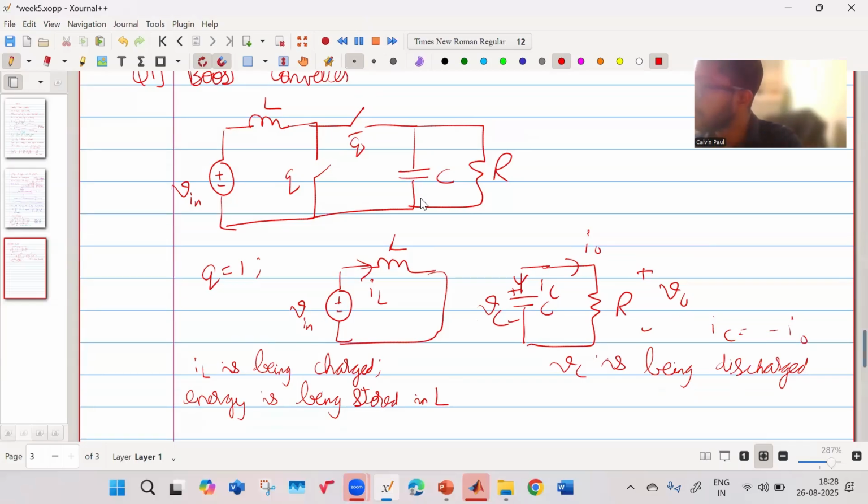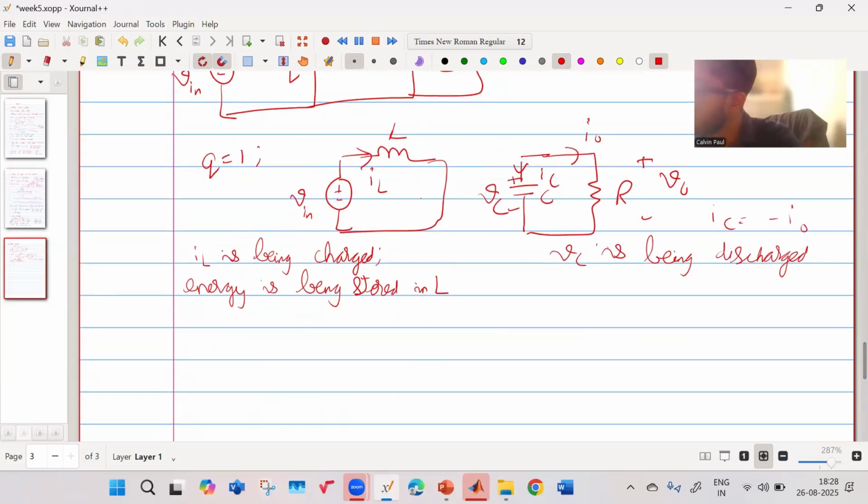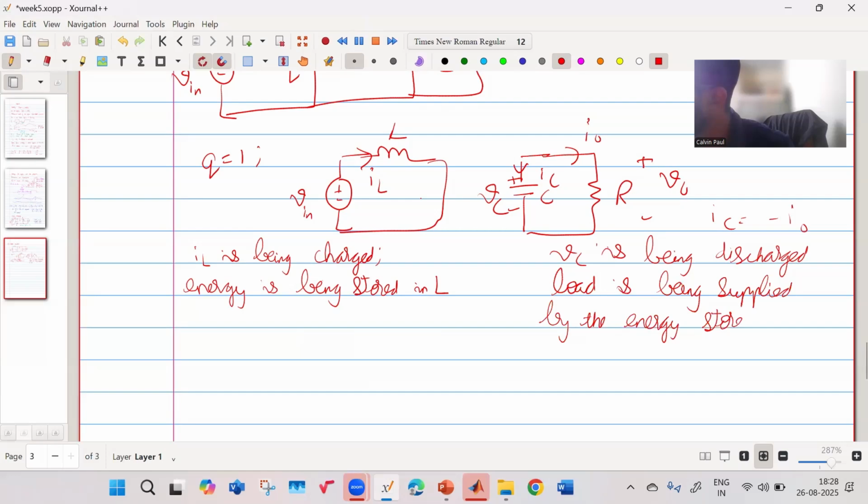So it is reducing, and your load is being supplied by the energy stored in the capacitor. Okay, so this is our circuit.